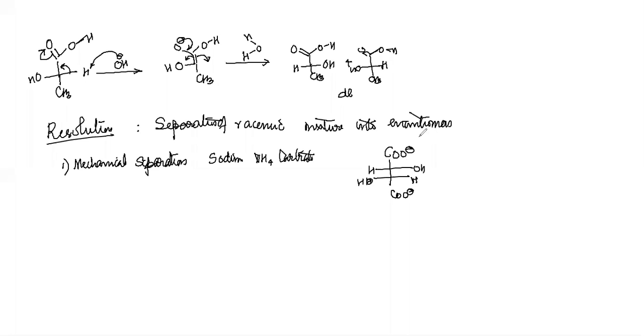So sodium ammonium means one of them is sodium and the other is ammonium, NH4 plus. This salt can be separated. Remember, it is a D and L mixture, not meso. So you have to write this structure. Don't forget it. Don't put the OH group on the same side.